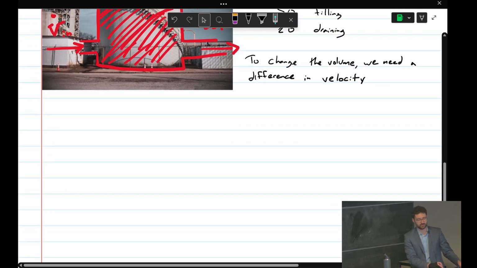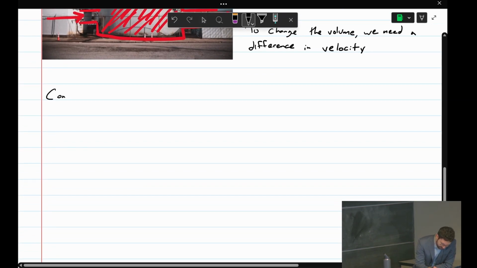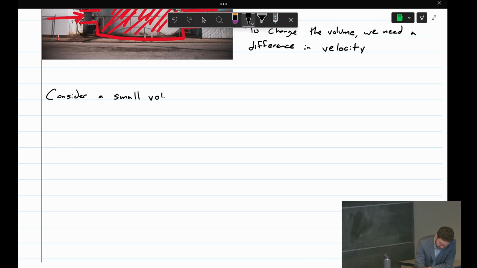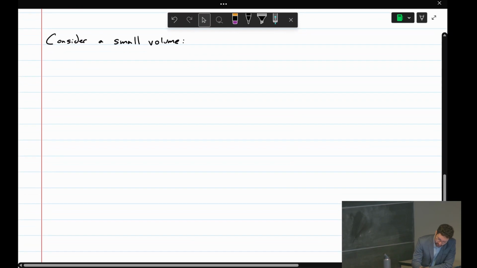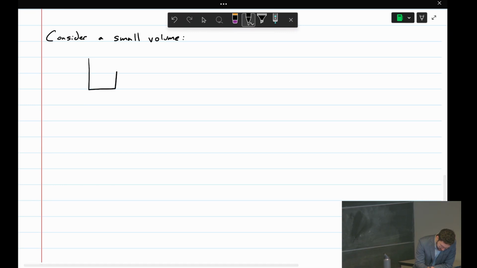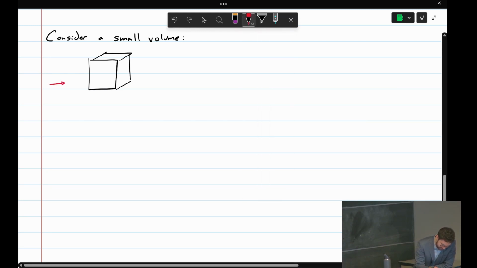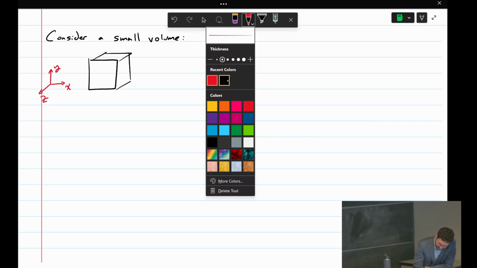So now we're going to zoom in to a very small element of fluid and see what this looks like, kind of a differential case. So consider a small volume. Assume we have some small volume of fluid here. I'll define our coordinates, with z there.